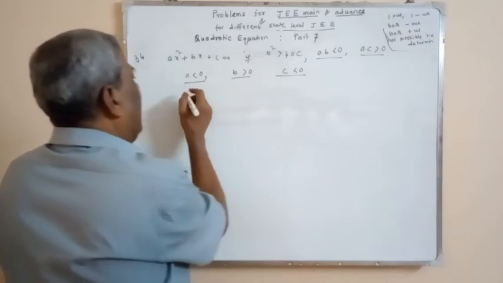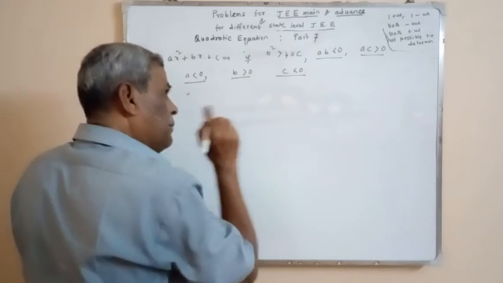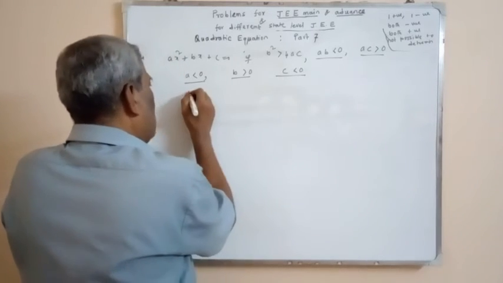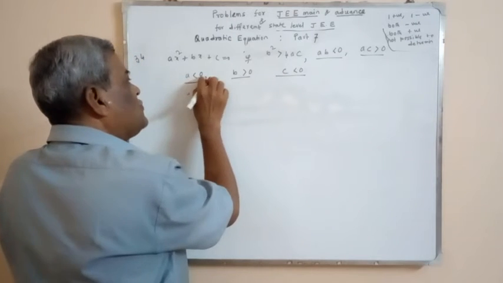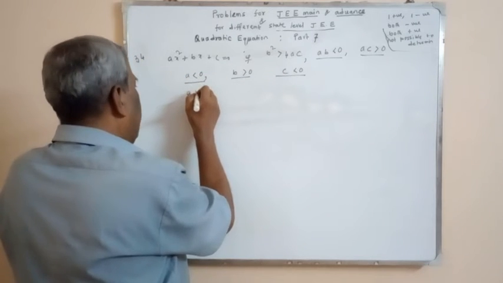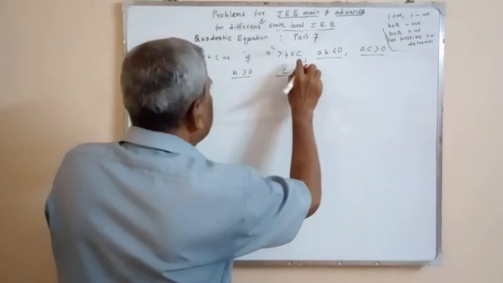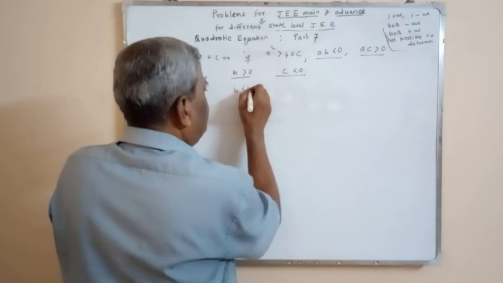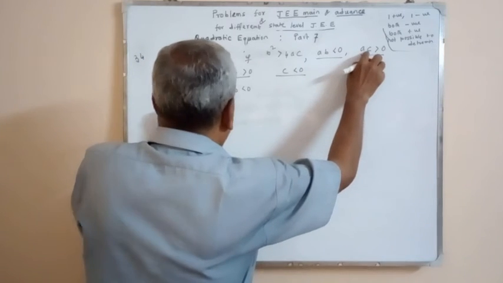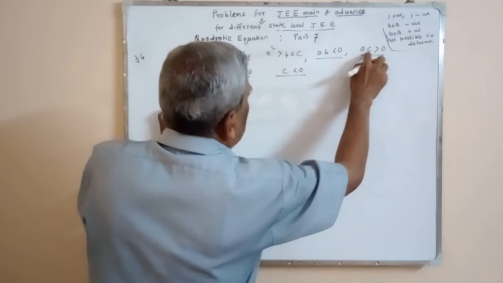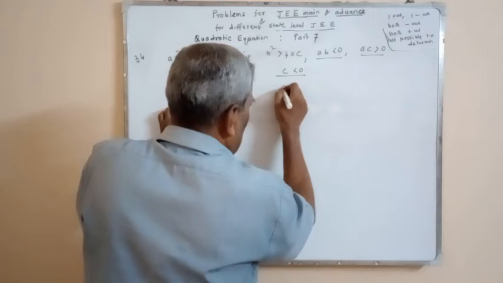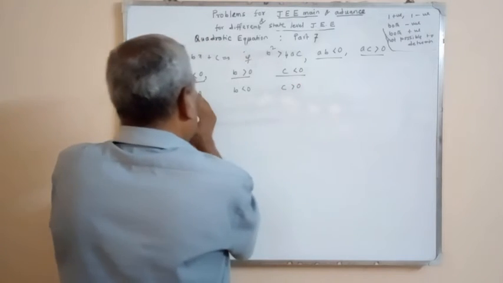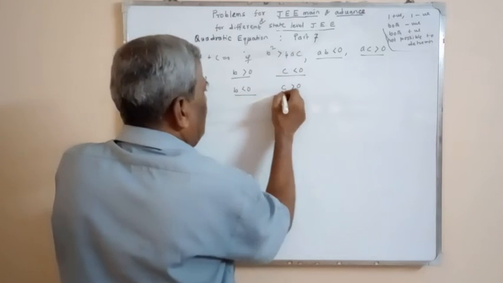A may be positive or negative, so I consider here A is negative. Now consider A is positive. In that case, B is negative and C is positive. A into C is positive, so C also positive. So another case is this.